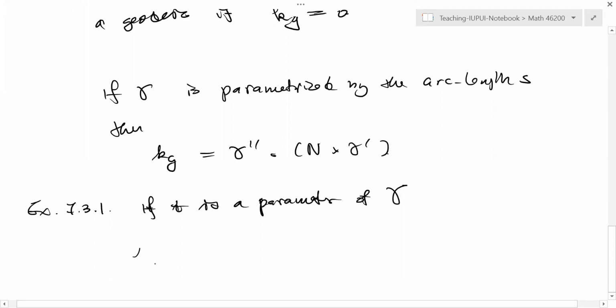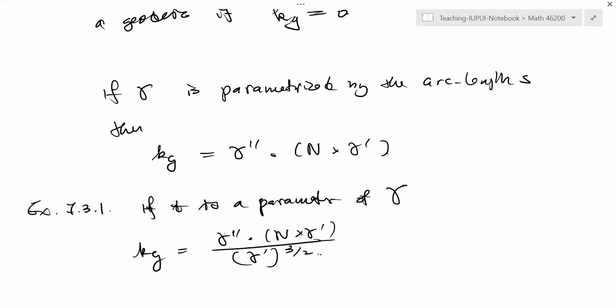Then the geodesic curvature can still have a similar formula, with gamma prime to the power 3/2, so it's not necessarily unit speed. The formula is pretty similar.